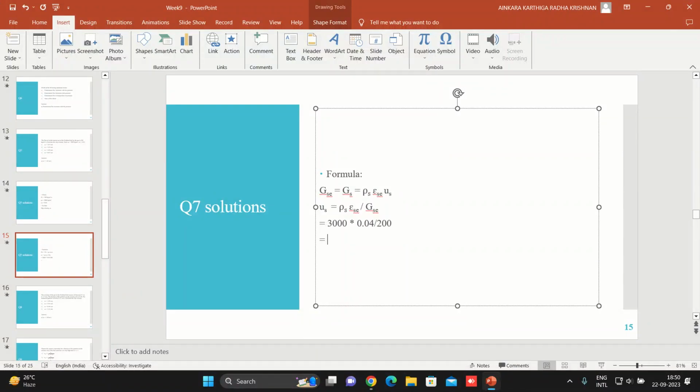So what is the value? Sorry, it is the inverse of this: 200 divided by (3000 into 0.04).